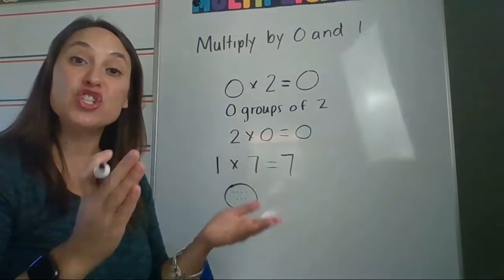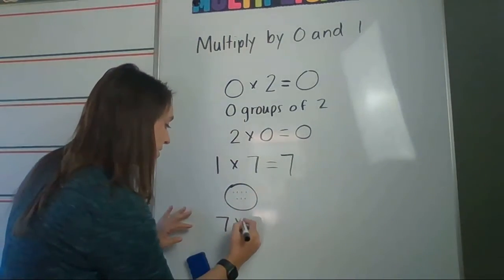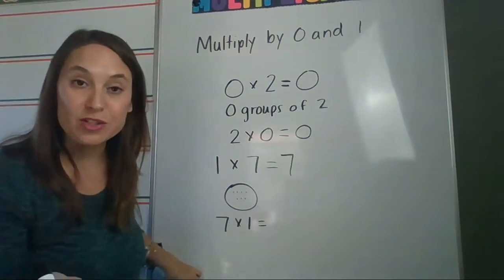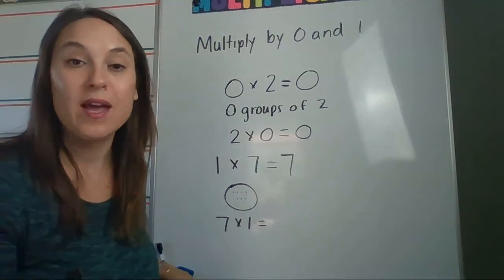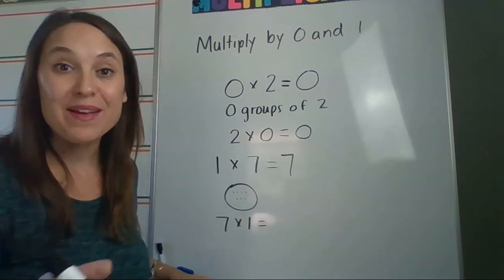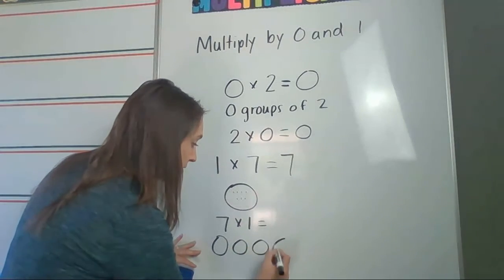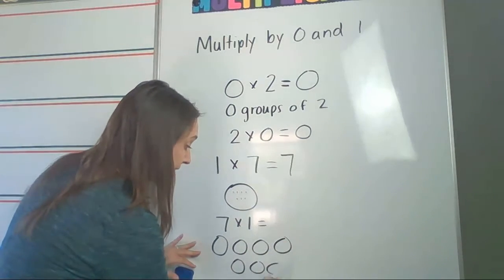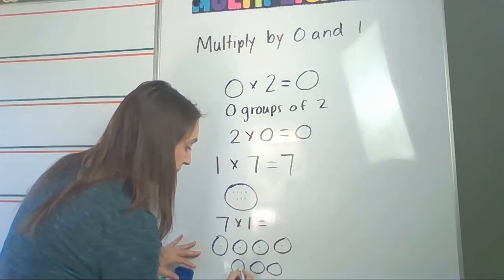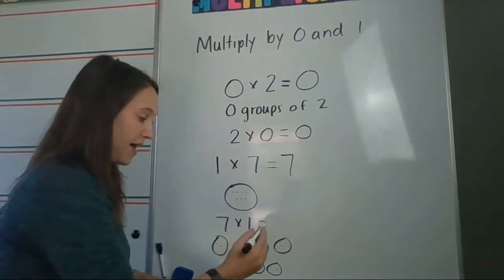Then I can change the order of the factors. Now my picture is going to look a little different, and I'm going to read this differently, but I'm probably going to get the same product. Let's try. Now I have 7 groups with 1 in each group. And so that would equal 7.